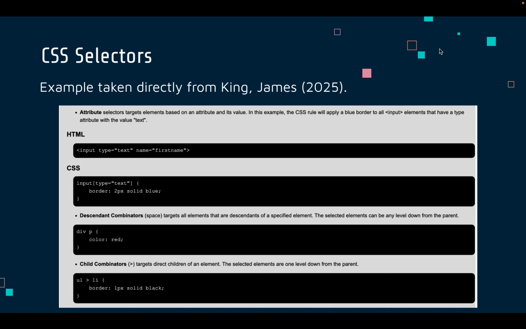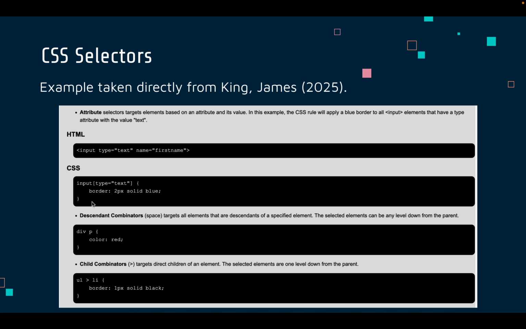Attribute selectors target elements based on an attribute and the value. So a CSS rule will apply a blue border in this example to all the input elements that have a type attribute with the value text. If you have a look here, this is the CSS: input type text, give them a border. That's any text input, not based on whether they're in the paragraph, outside of the paragraph, or in a container or in that class.